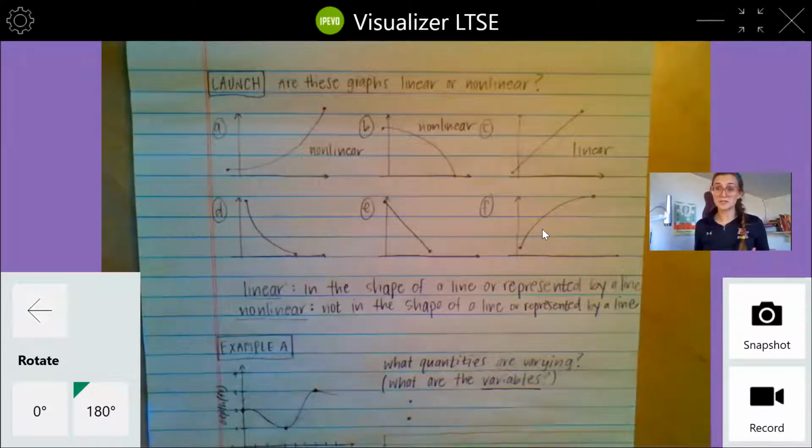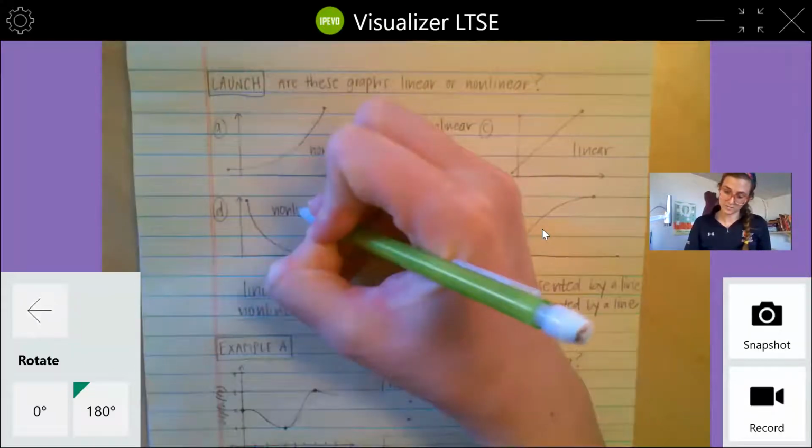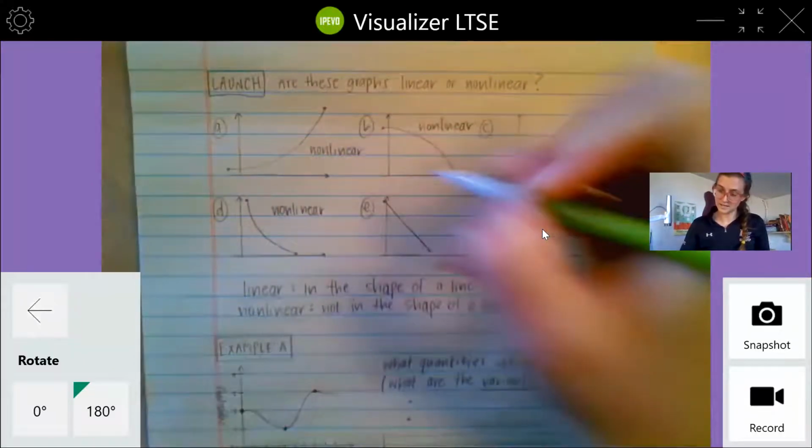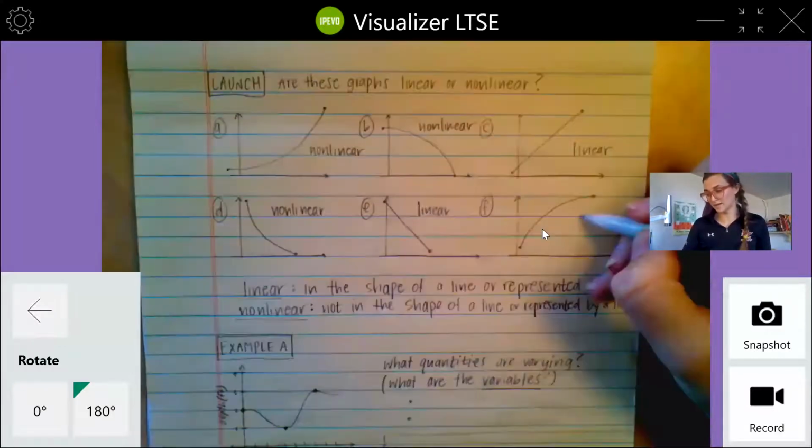Really simple, really straightforward. Linear is in the shape of a straight line or represented by a straight line. And nonlinear is not in the shape of a straight line. It'll be curved in some respect, right? So D, again, nonlinear. E, linear. F, nonlinear.